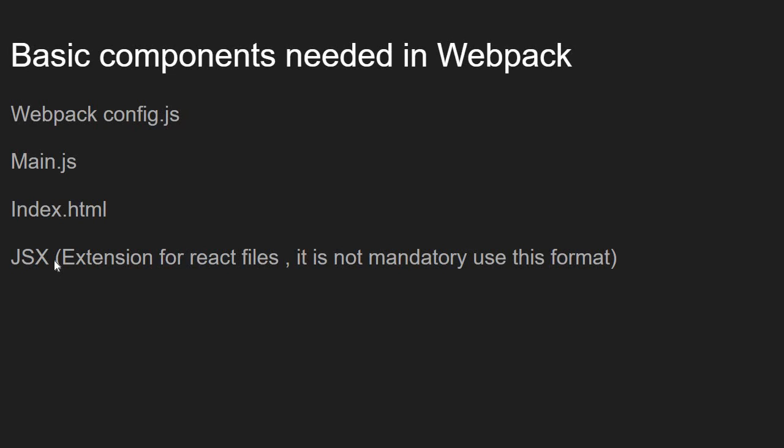JSX is the format in which React files are written, and it is embedded in an HTML index and gets displayed. These are the things that would be covered in the upcoming tutorials.